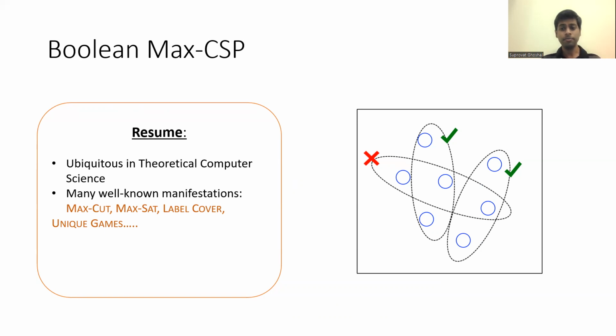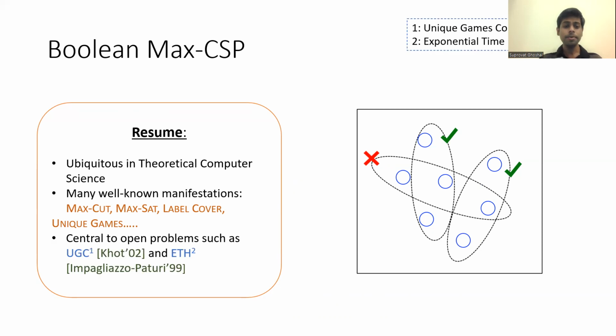They can express several problems such as max cut, max sat, label cover, unigames, among many others, which are on their own very well studied problems. And consequently, it's not surprising that some of these are very closely connected to some of the major open questions in complexity theory, such as the unigames conjecture or the exponential time hypothesis.